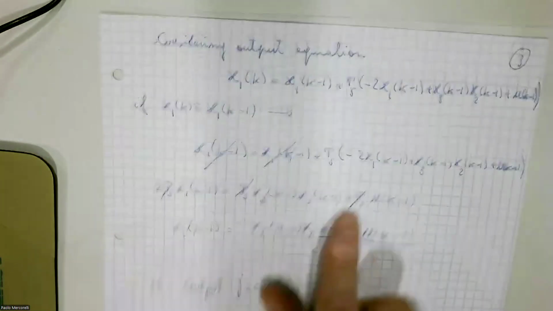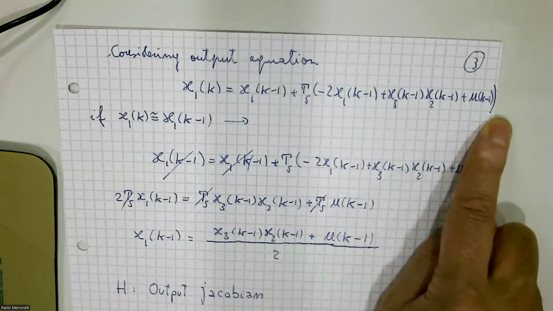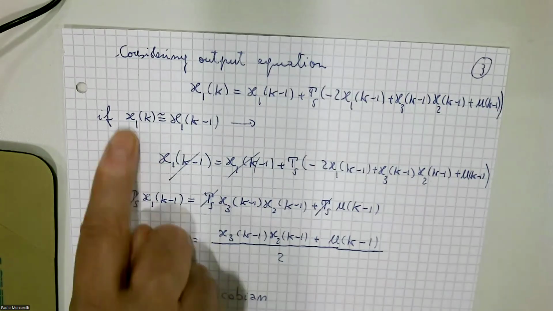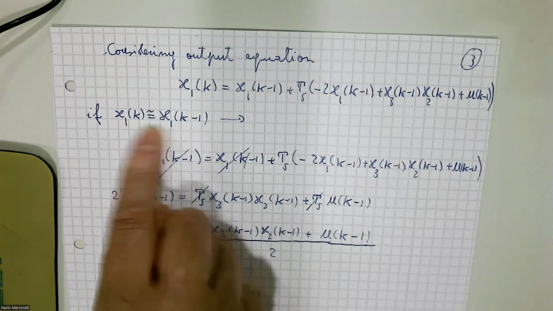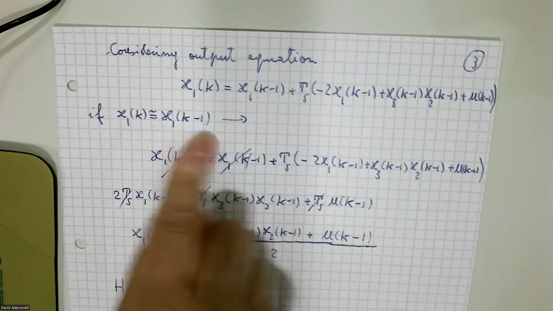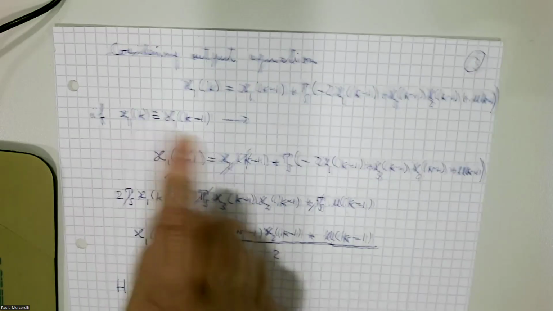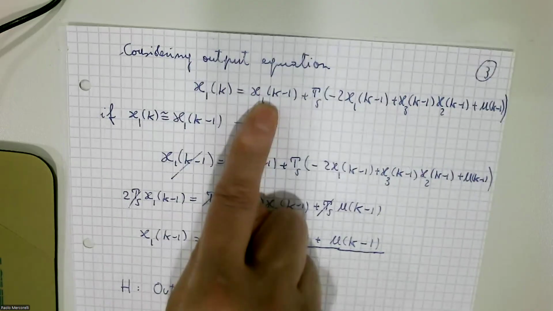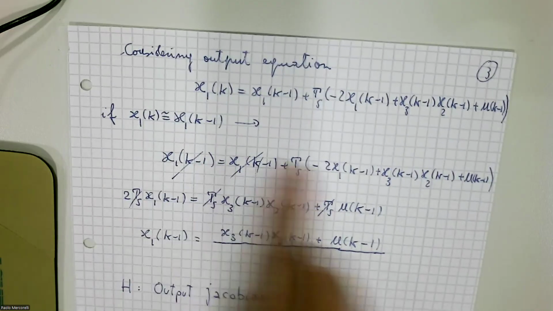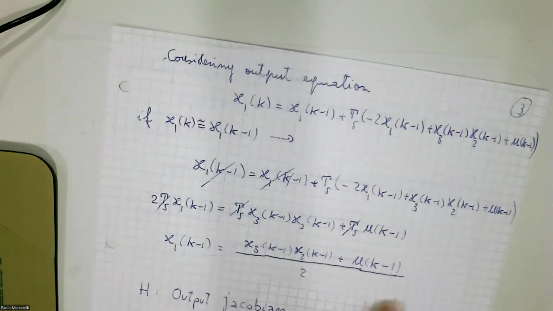Another variation of the output Jacobian is exactly what I told you now. Look, this is the output equation. If we consider, for instance, slow dynamics for x1 and Ts very small, this means x1 of k equals x1 of k minus 1, so I can cancel it and rewrite everything as an output equation in this form.